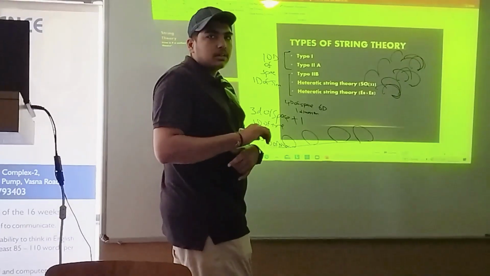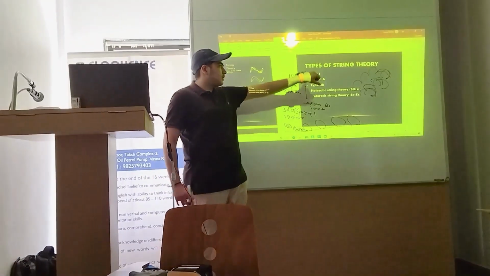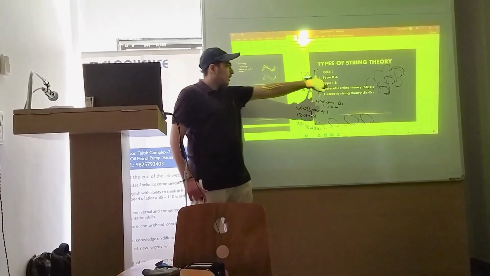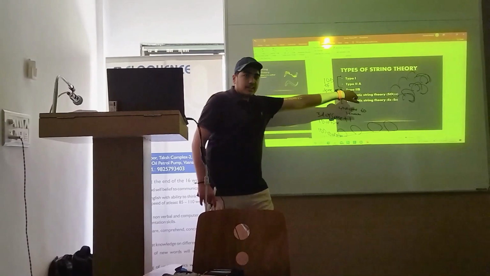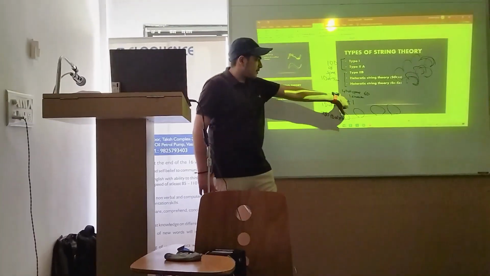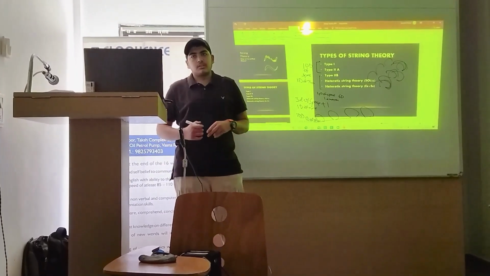So they haven't explained what those dimensions are. So if you go by these 2 specifications of M theory, there are 10 dimensions of space, 1 dimension of time. But when you think about these specifications, there are 4 dimensions of space, 1 dimension of time, and 6 dimensions are still unknown.